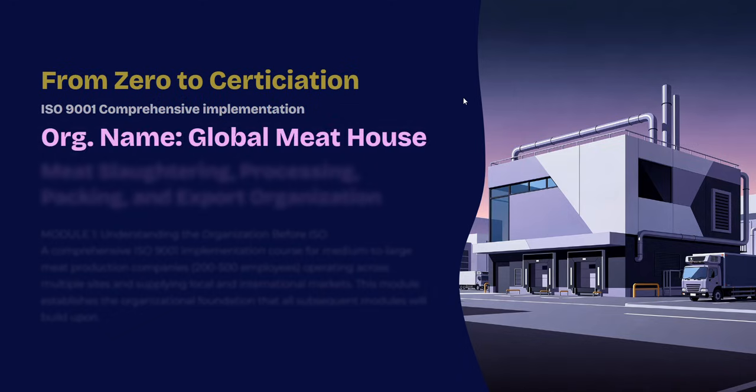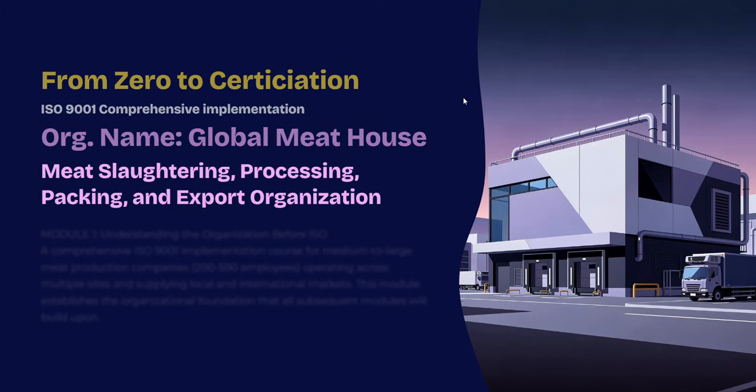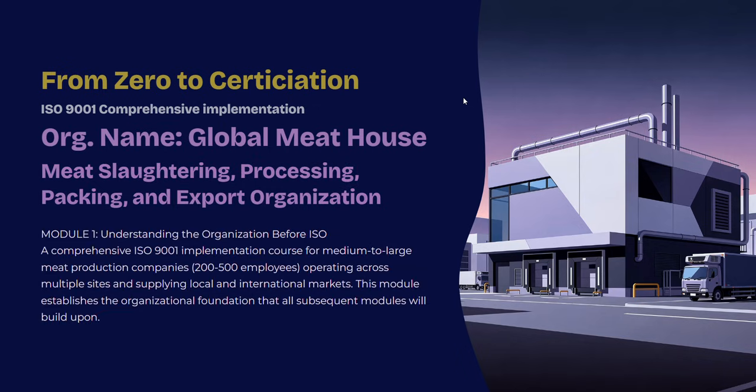So we have picked up an organization named Meat House Organization. It's specialized in meat slaughtering, processing, packing, and export. And our module one is going to focus on understanding this organization before a comprehensive implementation of ISO 9001 for medium to large company, as we mentioned, which operate in multi-sites.